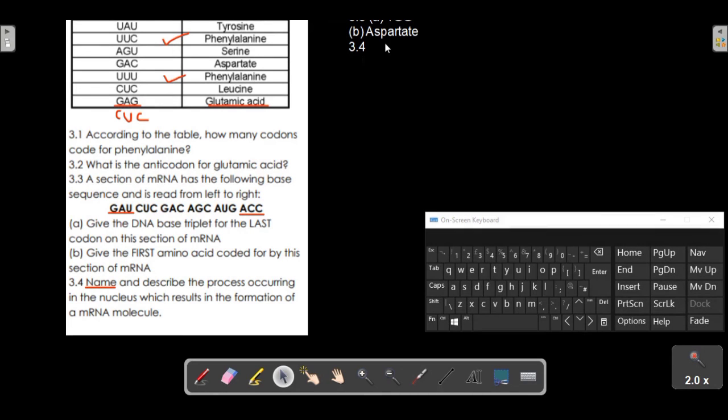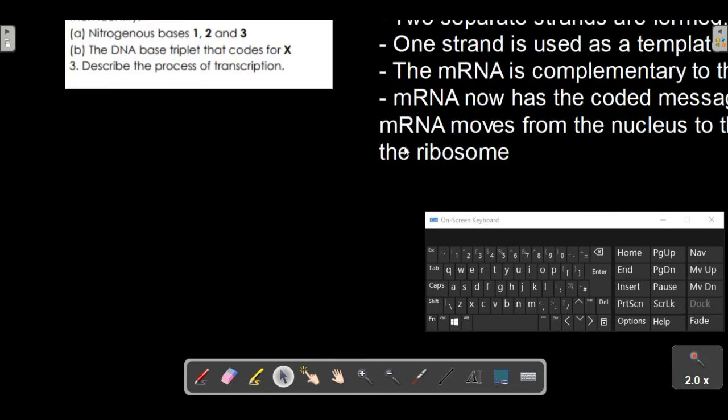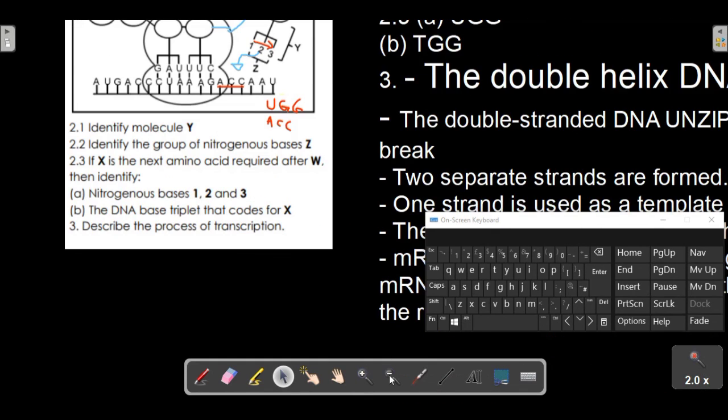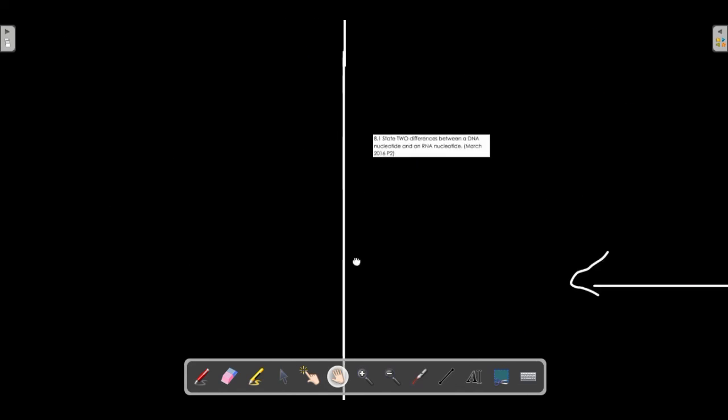It's the transcription part of the protein synthesis. And then you describe it. I described it in this previous activity, so, of course, you know how it goes. Let's move on to the next one, the last one.